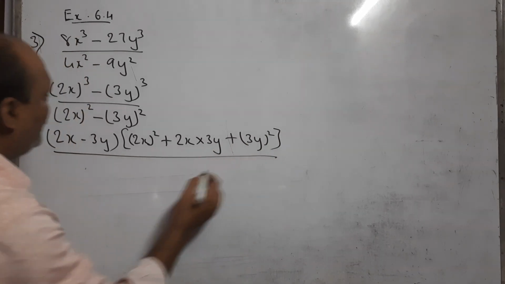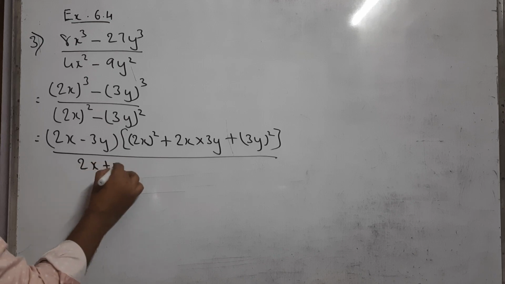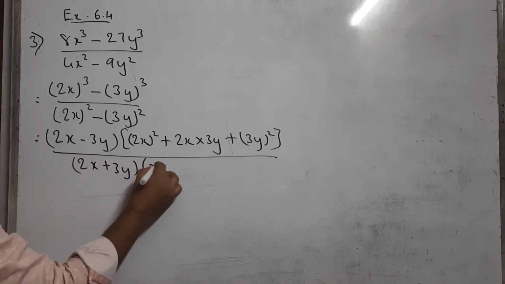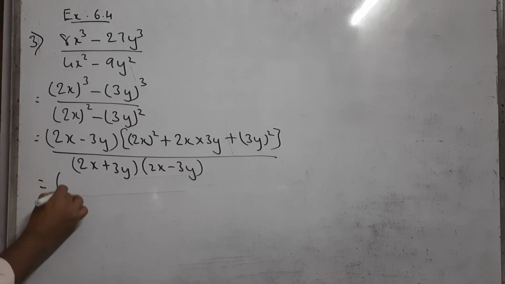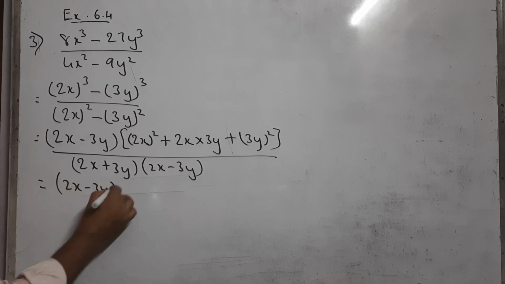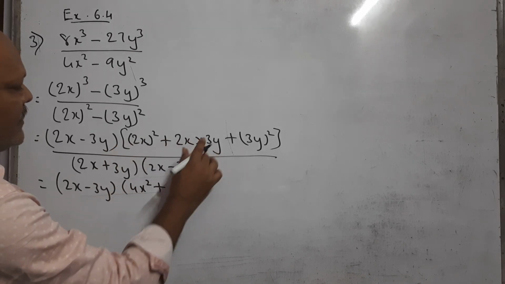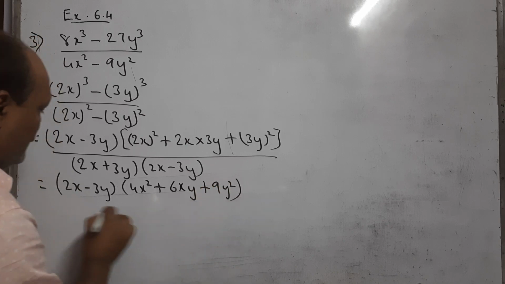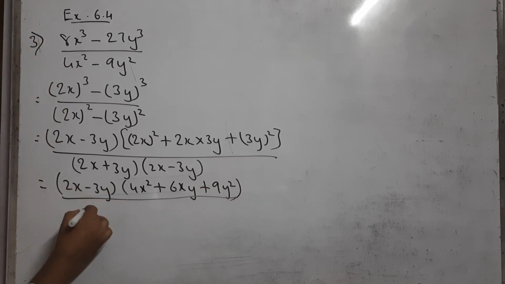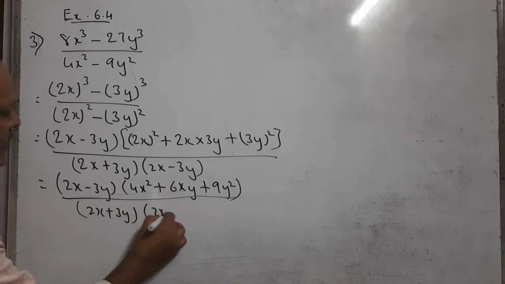In the same way in the denominator also, a square minus b square, that is a plus b, a minus b. Now you open the bracket: 2 square, that is 4x square, plus 2 threes is 6xy, plus 9y square, and in the denominator as it is we will write 2x plus 3y and 2x minus 3y.